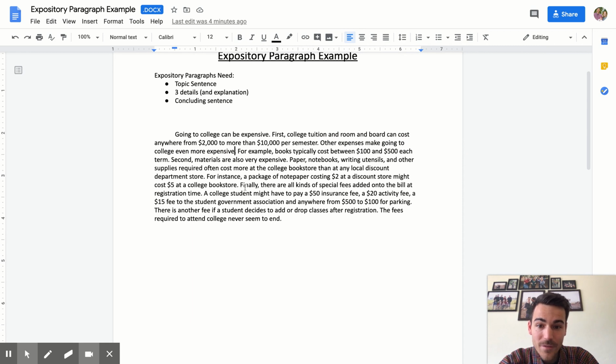And then down here, finally, there are all kinds of special fees added onto the bill at registration time. So those are our 3 details. Notice that they're 3 different things that all prove our point that college is expensive. First, we talk about tuition. Then we talk about other expenses. And then we talk about all kinds of fees that are added on, extra costs. Okay? So 3 different details that all prove our point.